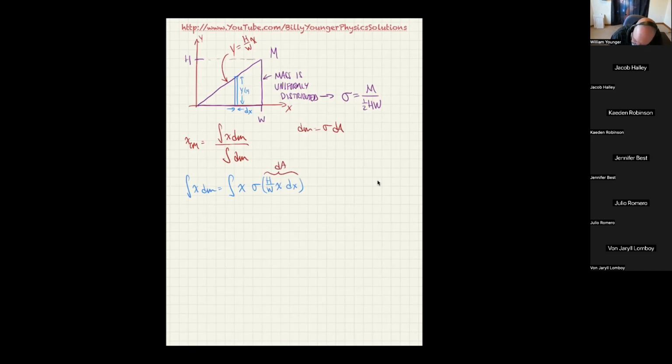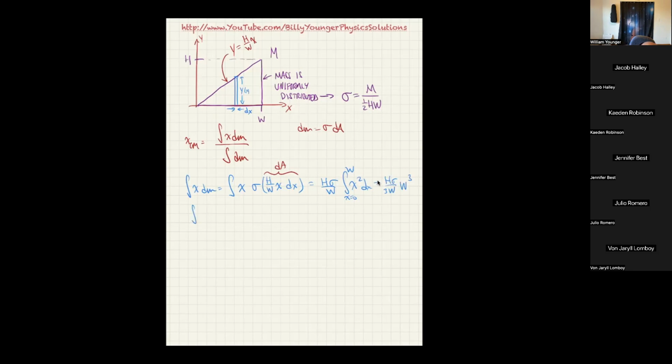So you can see from this, we're going to get h sigma over w times the integral of x squared dx, and I'm going to integrate from x equals 0 to w. That's going to give me h sigma over 3w times w cubed.